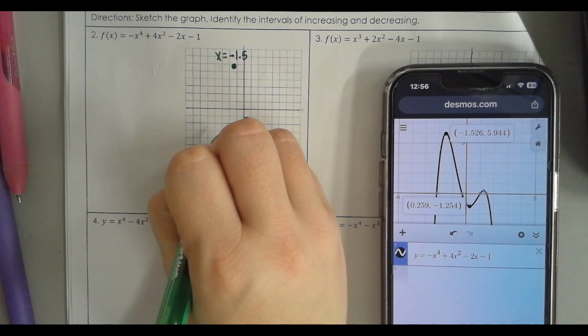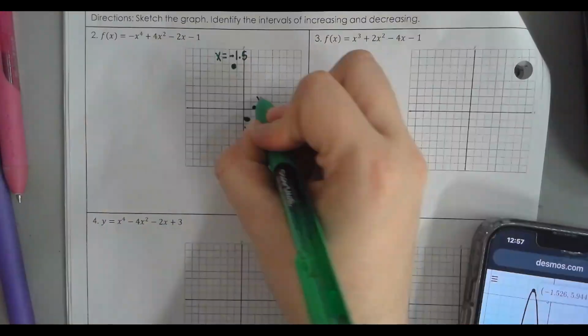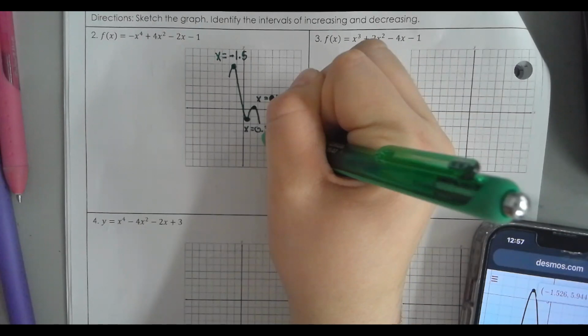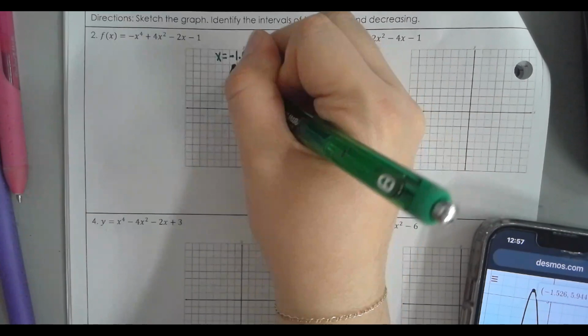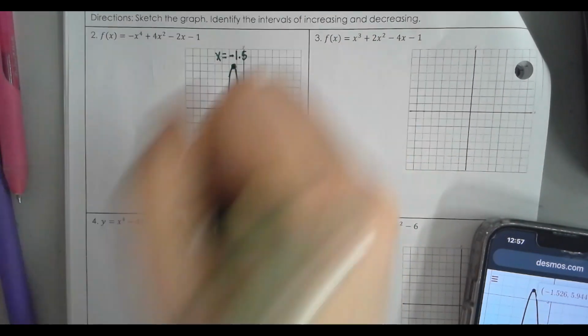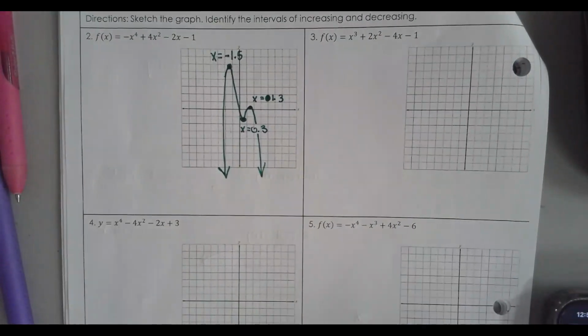And then we have another maximum at, so it's like 1.3, so it's just a, oh shoot, 1.3. And that's what it looks like.